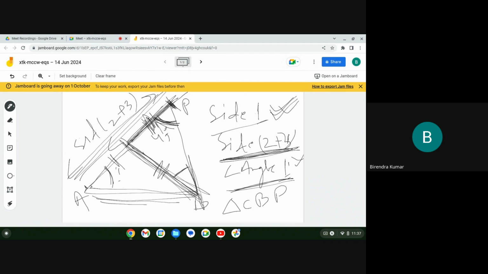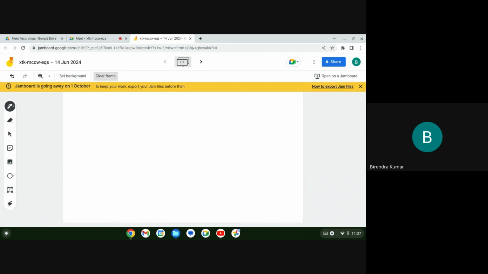Is it clear? Not clear. Let me repeat. I will keep on repeating till I get a very strong vibe from you. This is my first side. I have drawn that angle that is given to me, and I mark the point where it is the sum of the other two sides.